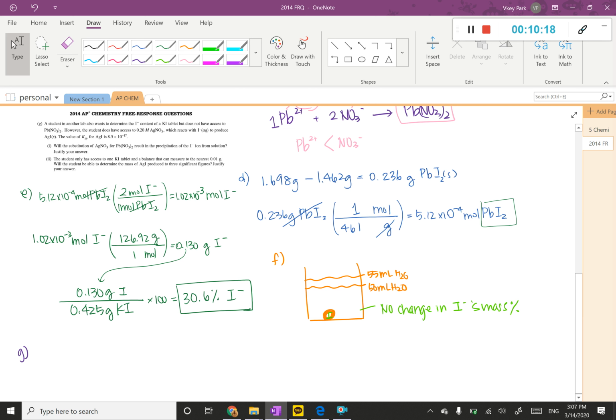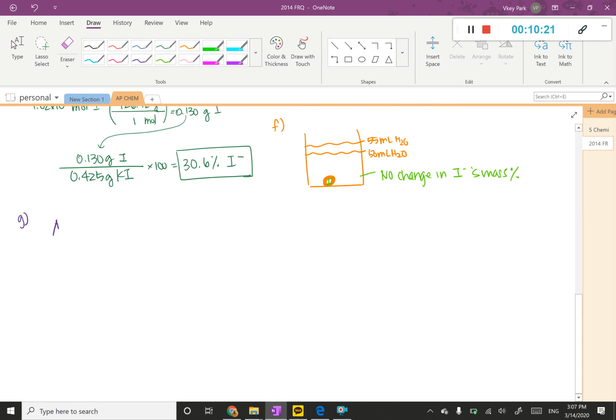Justify your answer. So what we need to figure out is AgI versus PbI2. They are both going to create precipitates because remember, these are part of the always-insoluble solubility rules. So with that said, yes, it will.